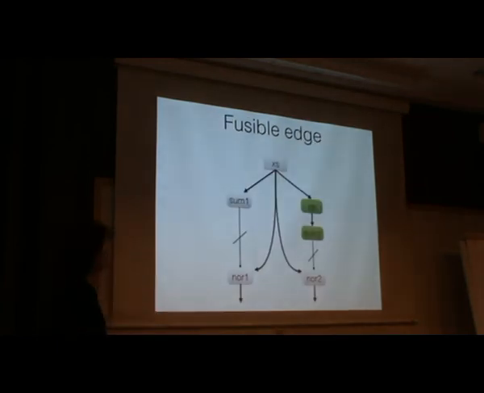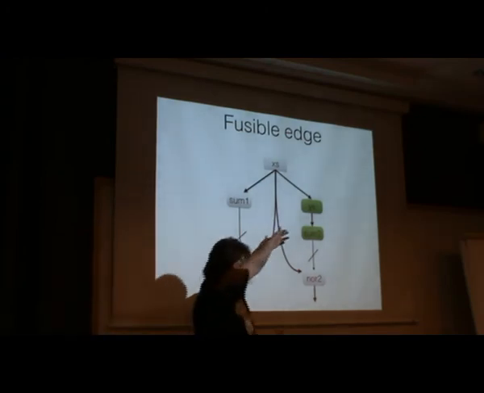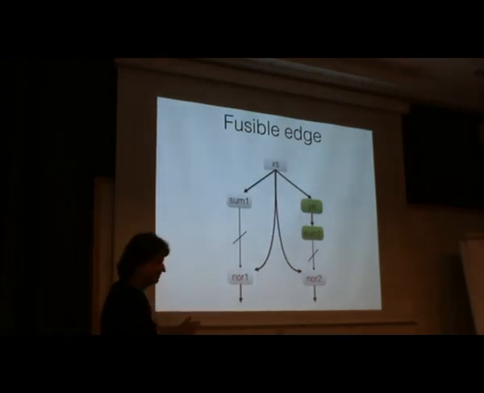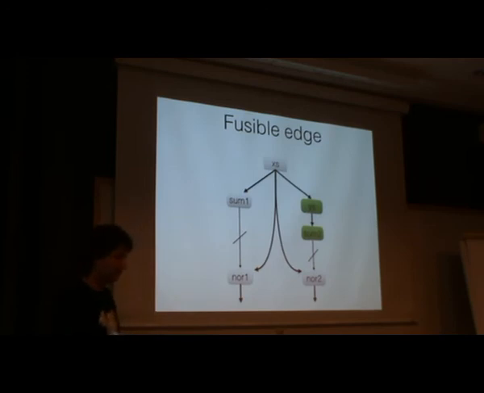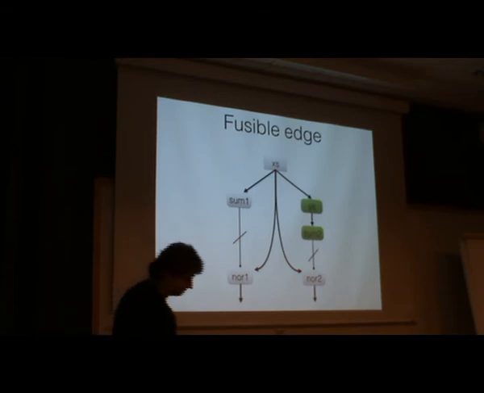But it gets more interesting when you have a fusible edge. So if they're fused together, you want to say that their index in the topological order has to be the same. But if they're not fused together, well, sum2 has to be strictly after y's in the topological order.